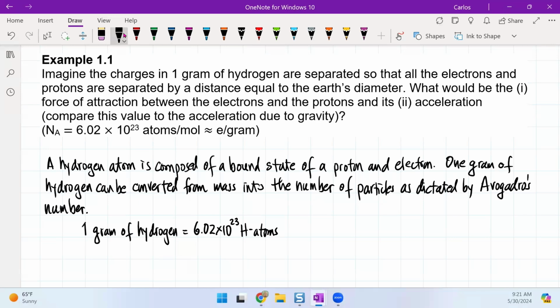But hydrogen is composed of protons and electrons, equal amounts, so that's really 6.02 times 10 to the 23 protons and 6.02 times 10 to the 23 electrons.